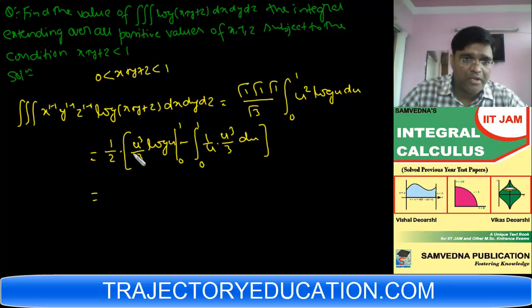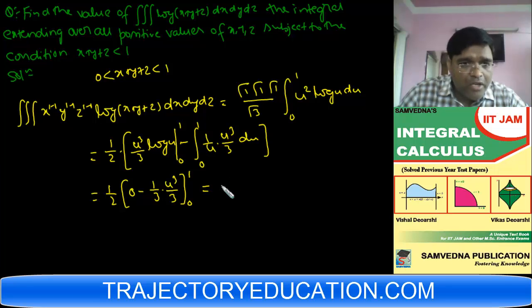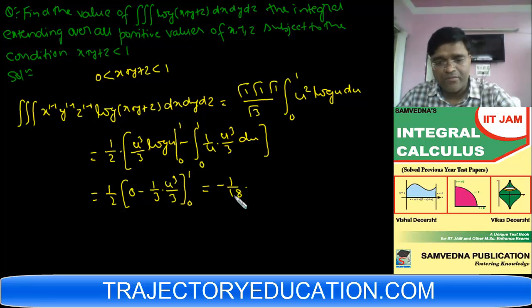If I put 0 and take the limit u tending to 0, u cube log u also comes out to be 0. So this is 1 by 2 [0 minus 1 by 3 times the integral of u square, which gives u cube by 3], with limits 0 to 1. So finally what you get is minus 1 upon 18. So this will be our answer, minus 1 upon 18.